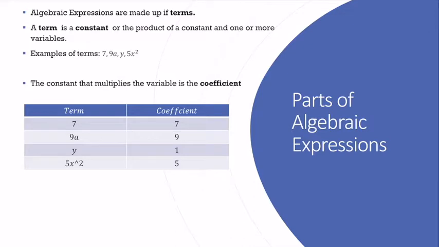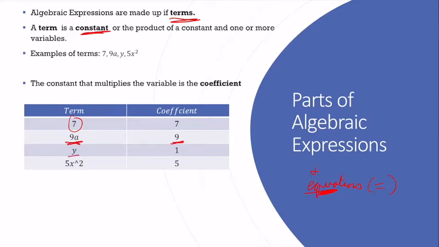So when we're working with algebraic expressions and equations, right? The equations have an equals sign, right? These are made up of terms. And a term is a constant or the product of one or more variables. So for example, I could have a term of 7, its coefficient or the constant that's multiplying the variable is 7.